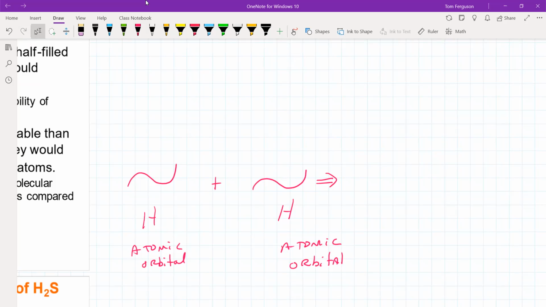So what happens is you have the new sets of waves. Those are called constructive and destructive.